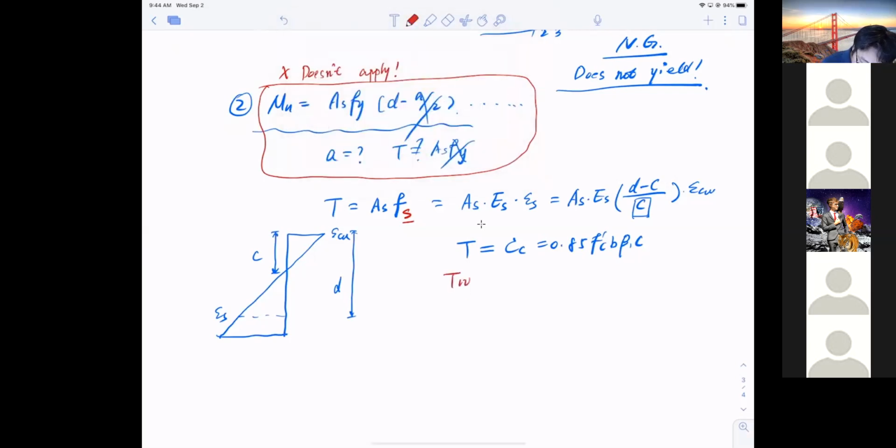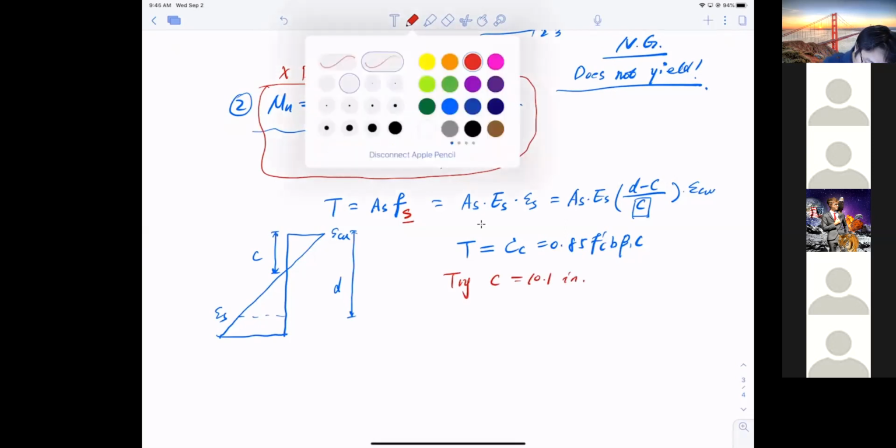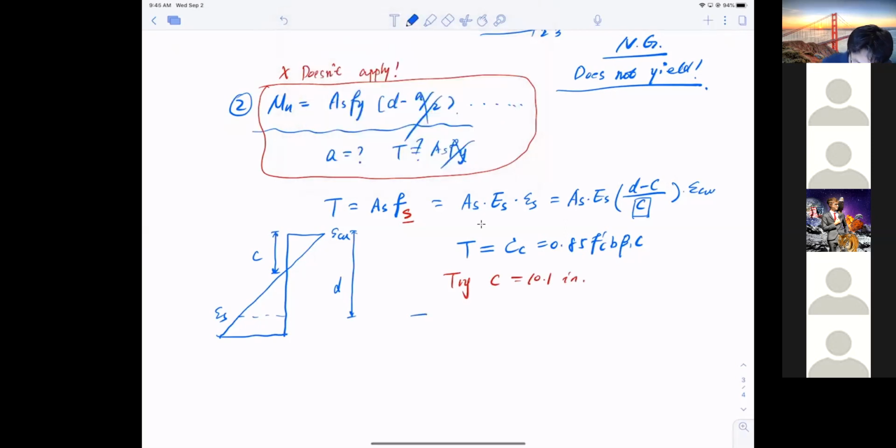So let me try compressive zone c equal to 10.1 inches. Okay, it's just my guess. If I try that value, I calculate my tension force equal to As Es, d minus c divided by c multiplied by 0.003, which is epsilon cu.